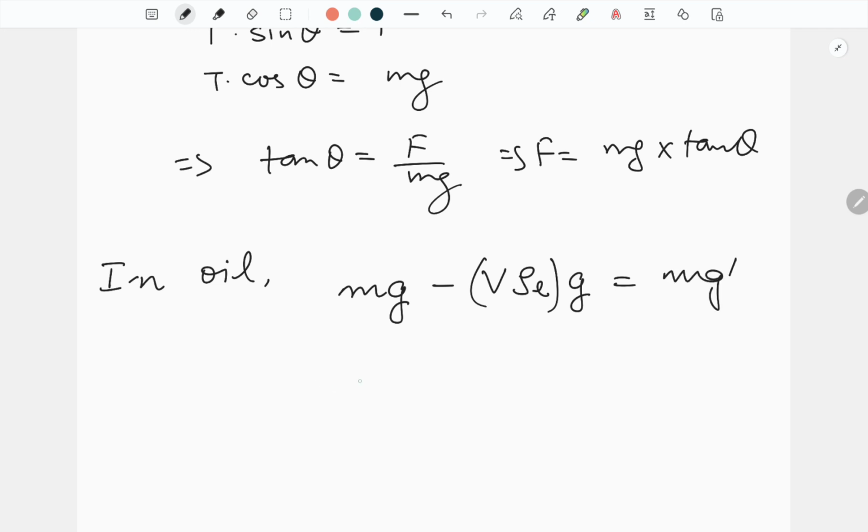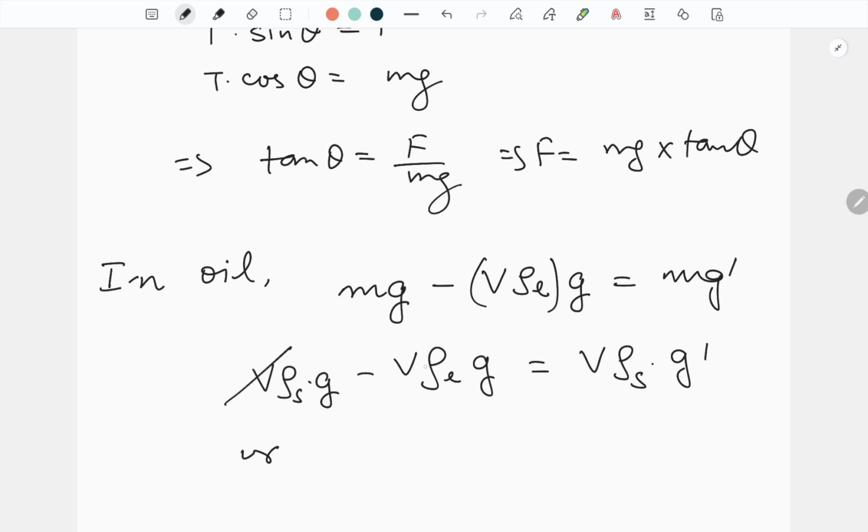Again, V rho l g. In place of m we can write V rho s, for the solid sphere, with g dash. So m can also be written as V rho s g.